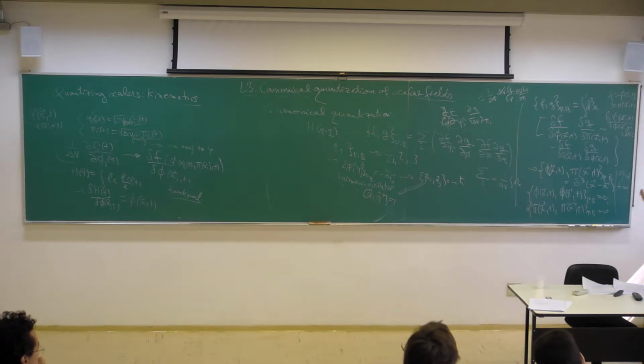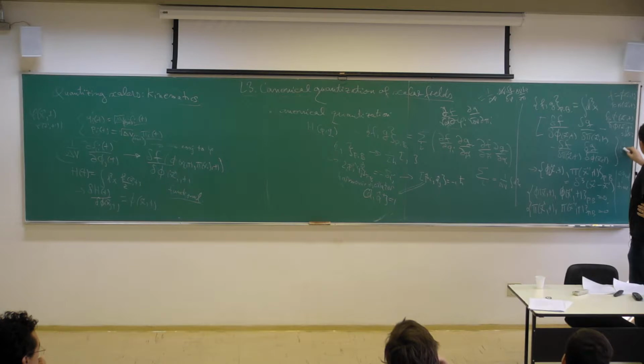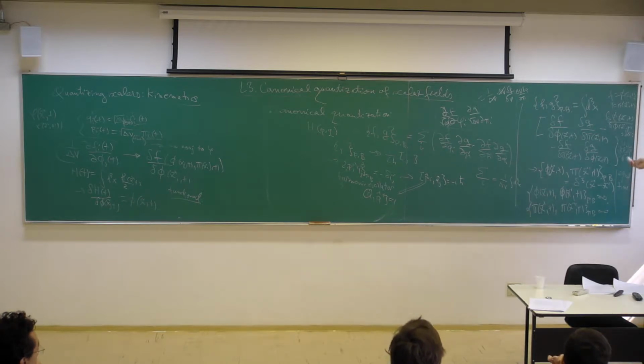Because functional differentiation corresponds to removing an integral. I can write this as an integral d3x prime delta 3 of x minus x prime times phi of x prime and t. Phi of x and t can be written formally as an integral with a delta function. And so when I take a functional differentiation, I remove the integral, and of course remove these as well, and then I'm left with just the delta function, right?